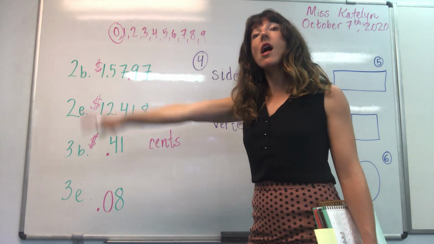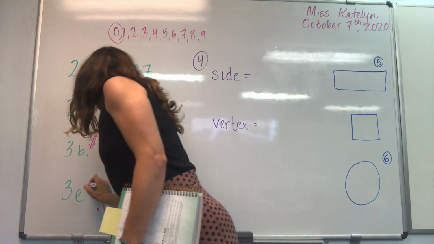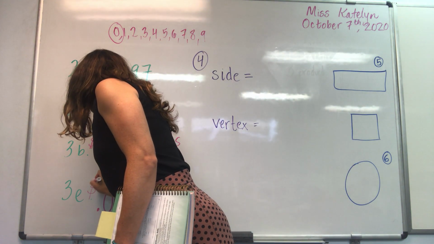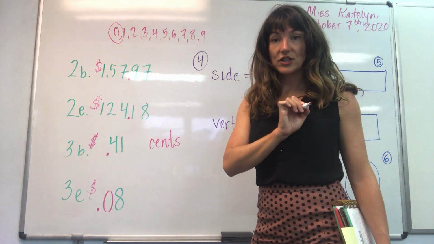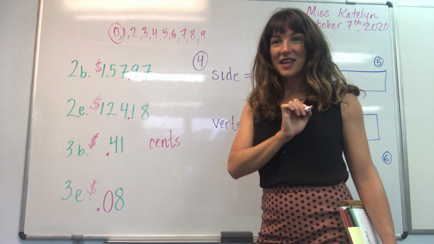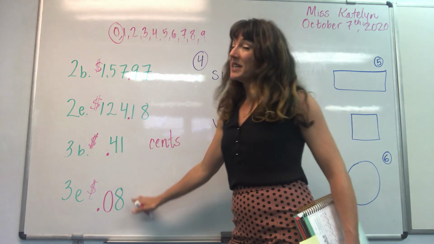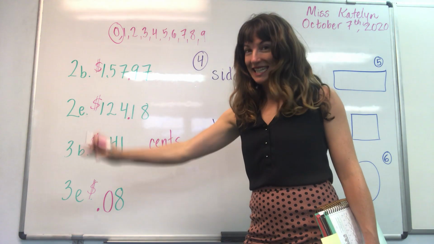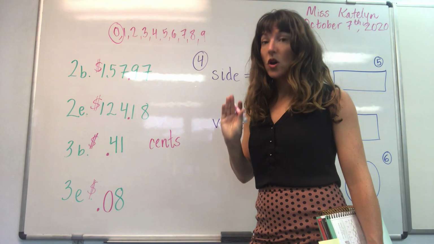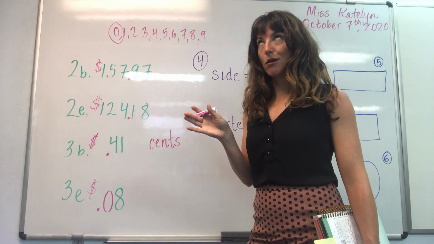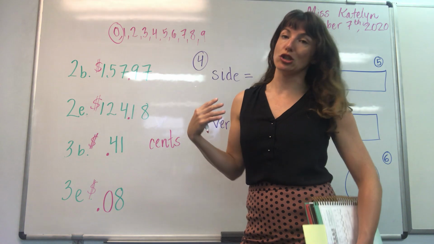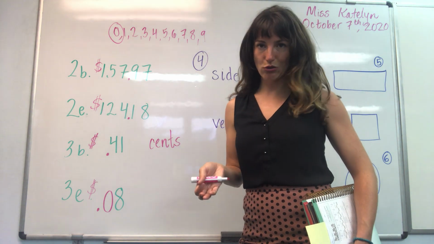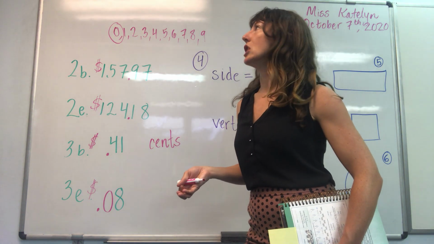Okay, and in front of all that, we need to put our dollar sign, okay? I did 3B and 3E to help you with 3A, C, D, and F. All right? I know that was fast, chickadees, but it's not our first rodeo, okay? Okay. Here we go.